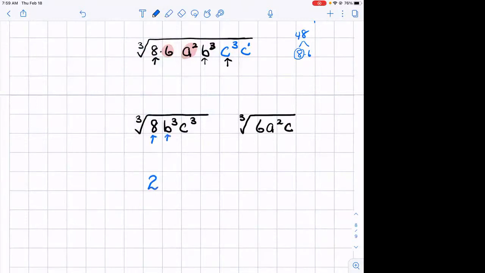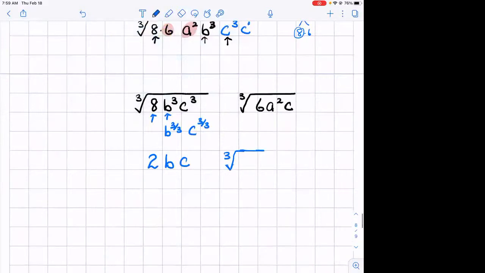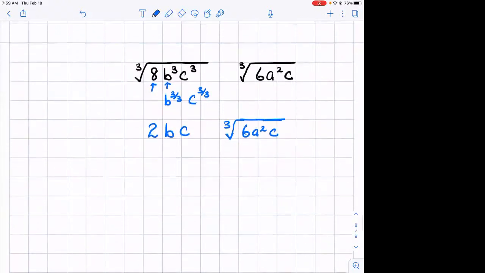The cube root of b to the 3rd is just b, because 3 divided by 3. And then c, 3 divided by 3 is just c. Okay? And nothing in this radical can be simplified. So we have 6a squared. Make sure the radical covers c. So my final answer is 2bc the cube root of 6a squared c.